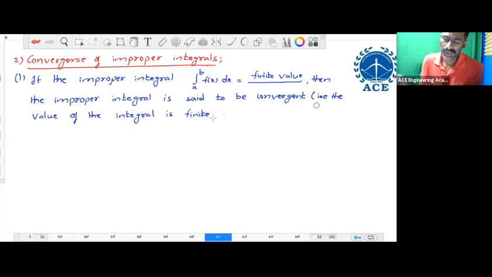Already we have written finite value here, so we write the other way, that is, the integral exists only.